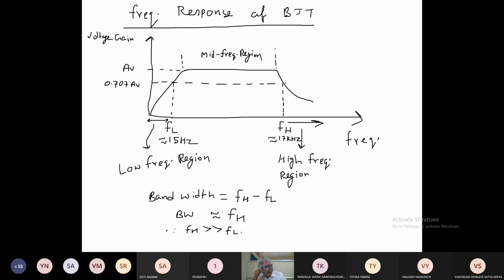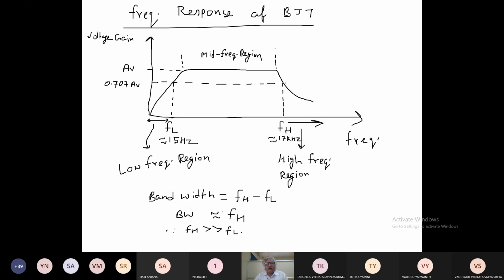We will discuss those things later. But these capacitors affect the performance of BJT, right? So the graph you are seeing here is due to the effect of those capacitors.